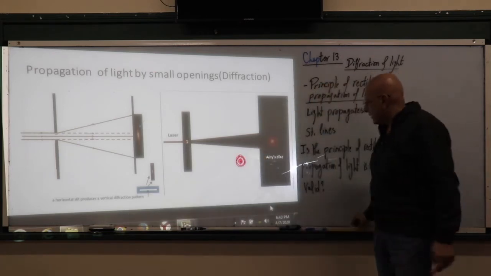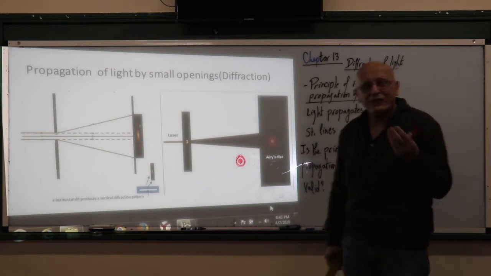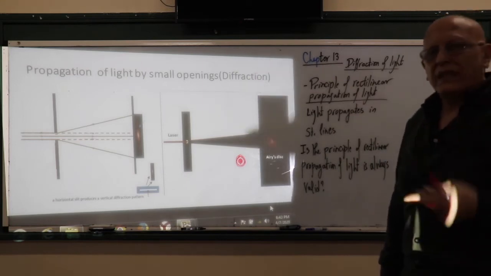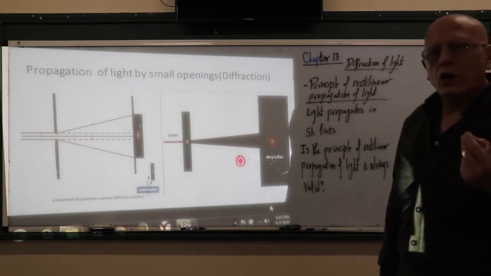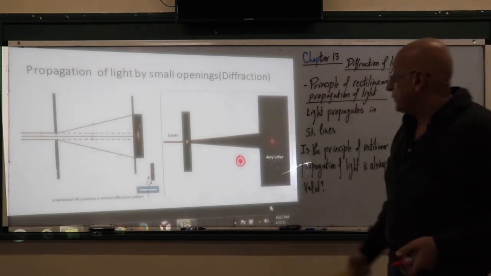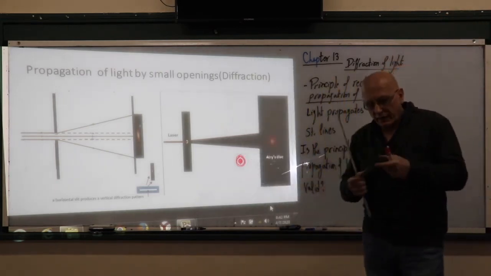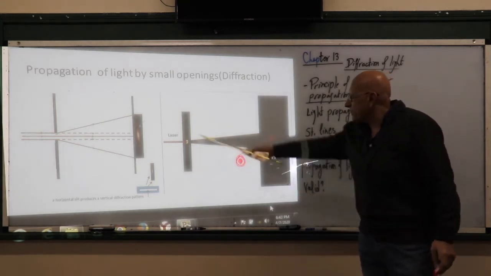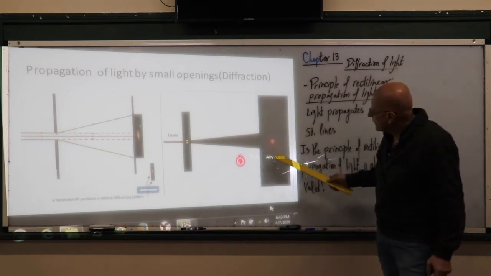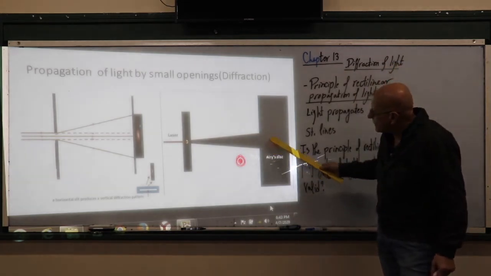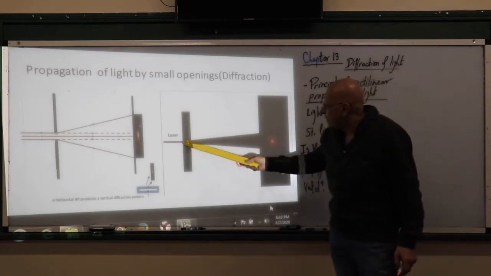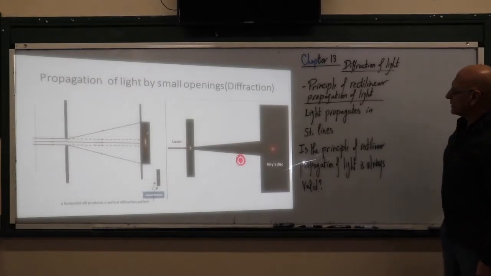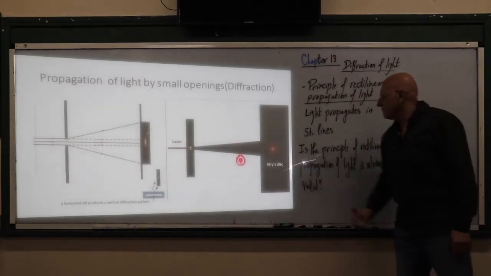So in this situation, the behavior of light has changed when it passes through a small circular hole. First, I had seen that the image is only a disk of the same diameter. But here you will see that the rings have a diameter more than the diameter of the hole. Let us justify the observation.